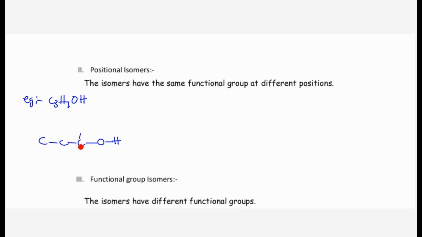Remember, when you draw structural isomers, you have to draw the displayed formula, meaning the formula showing all the bonds. This is propan-1-ol. One can also draw propan-2-ol. See, the position of the functional group has differed. This is on the second carbon. So this is propan-2-ol.